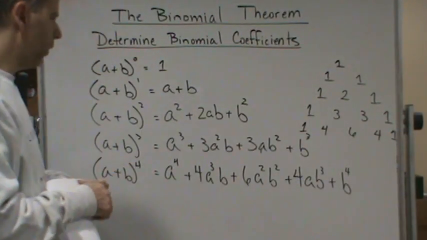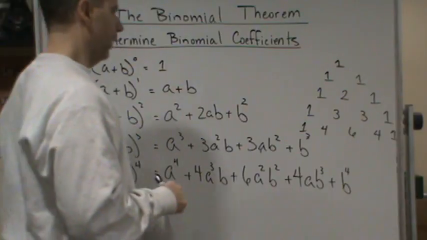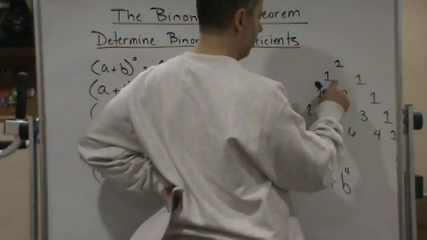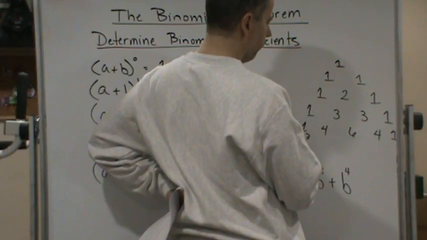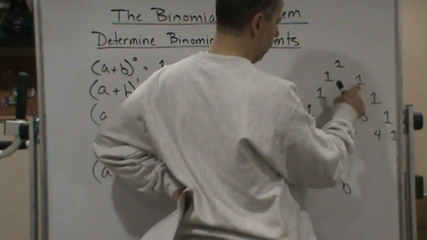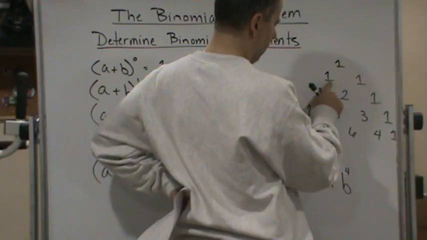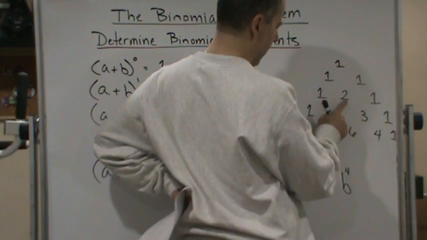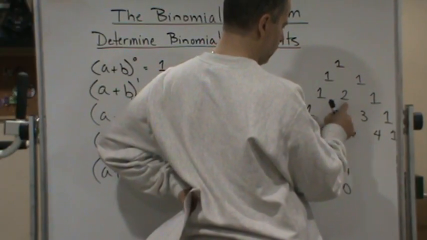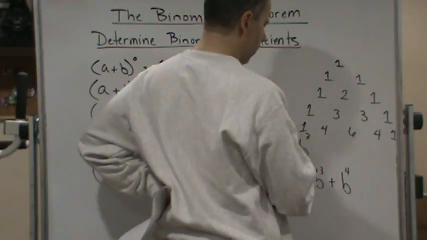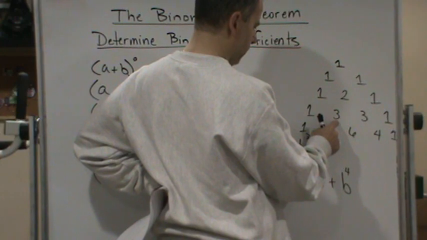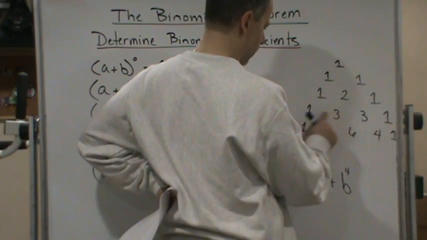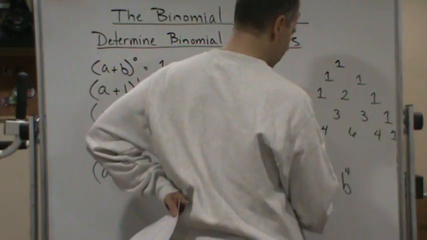And what you might notice is, starting with the third row, it goes 1, and then 1, 1, and these two coefficients add up to this one, and we get 1, 2, 1. And then these two coefficients add up to 3, and these two add up to 3, and we get 1, 3, 3, 1.